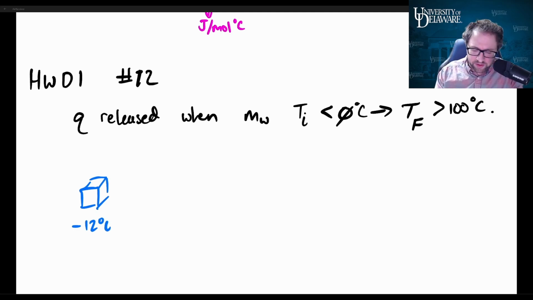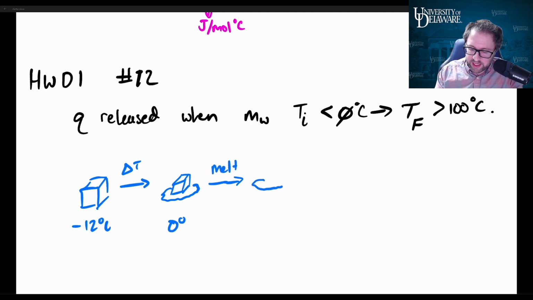As we add heat to it, it's going to increase in temperature until it reaches its melting point, at which point it's going to melt. So, change in temperature, melt. Now we have a puddle of water.